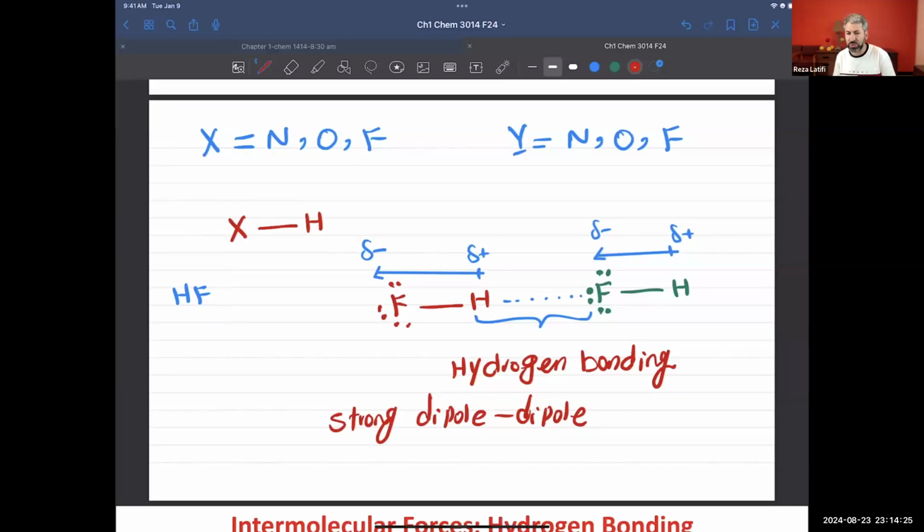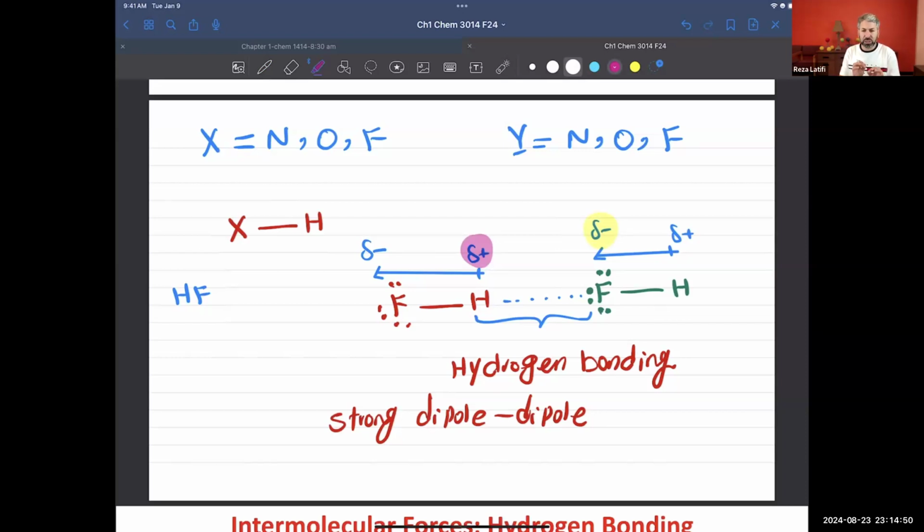Why do I say extreme case? Because you have really electronegative elements: oxygen, nitrogen, fluorine. They pull too much electron density to themselves. So the negative charge will be a really big number, and they will also create a huge positive charge on hydrogen.